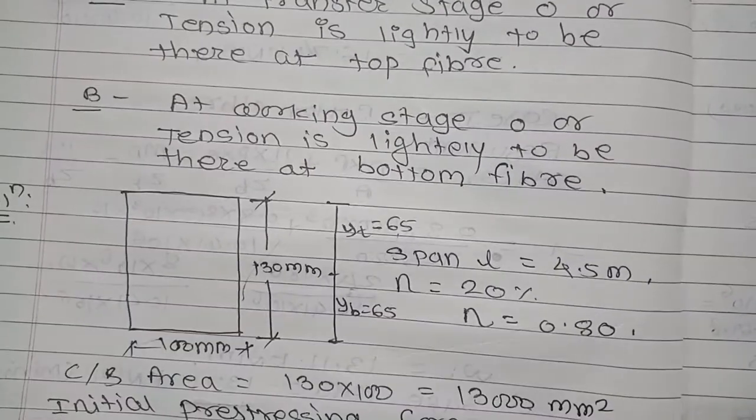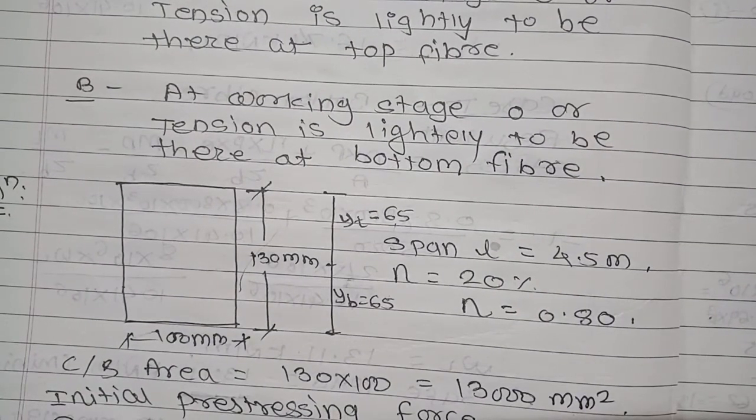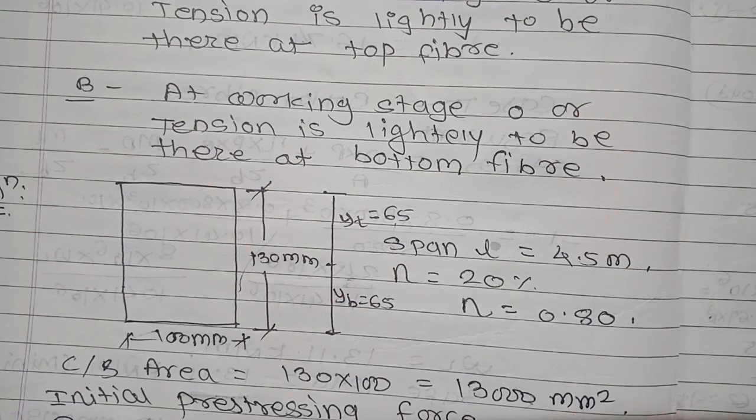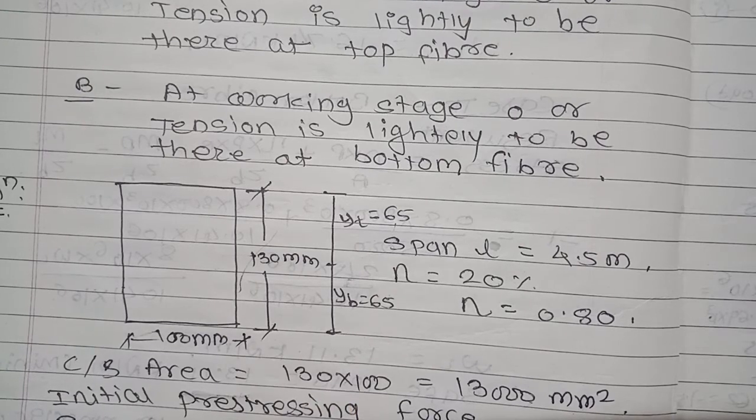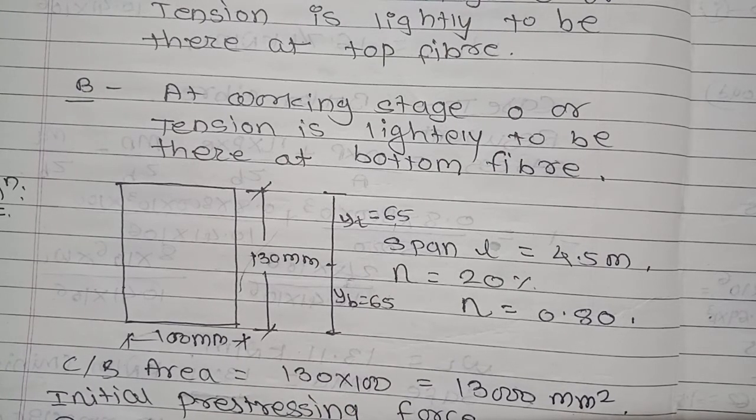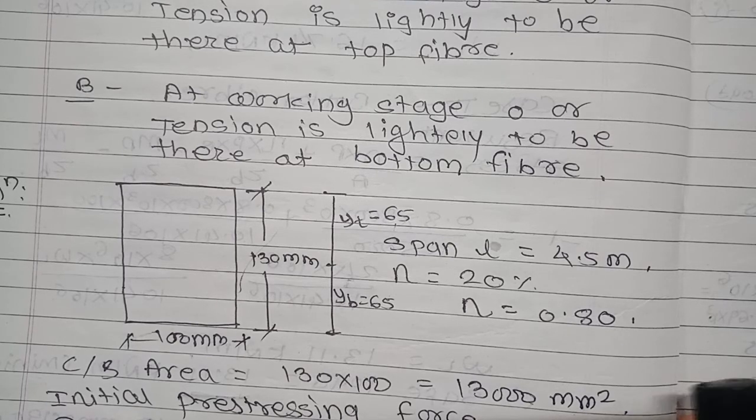Now, first of all, draw a simple diagram of a beam. D is given, 130 mm, B is also given, 100 mm. Now, from that, find YT and YB. YT and YB equal D by 2 for a symmetrical section. That's why 130 divided by 2. We got YT and YB as 65.